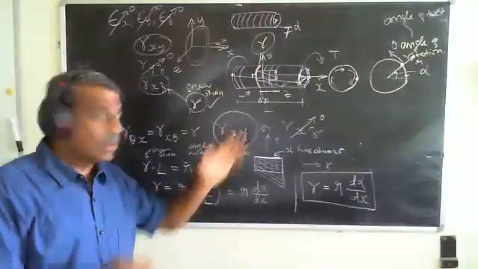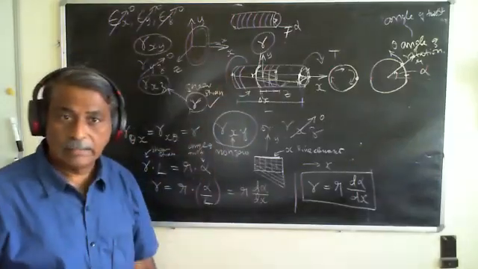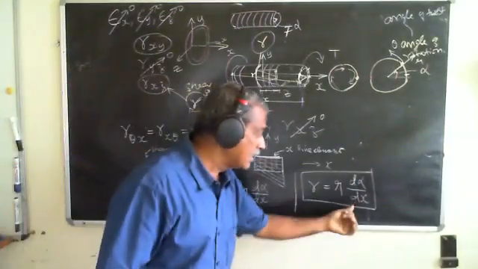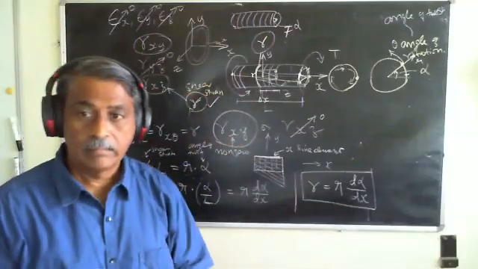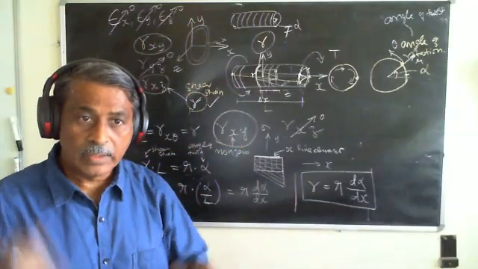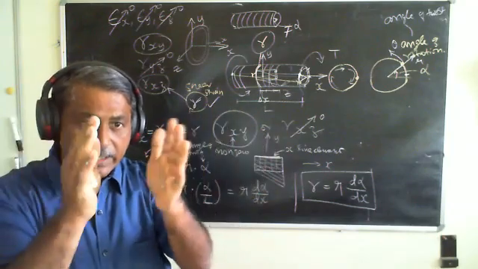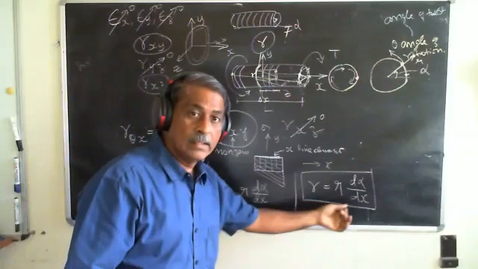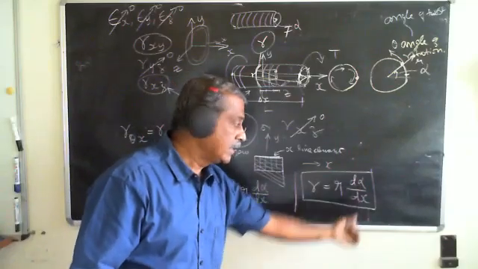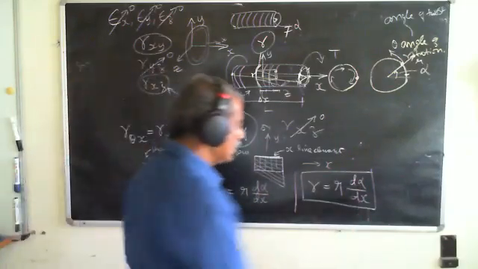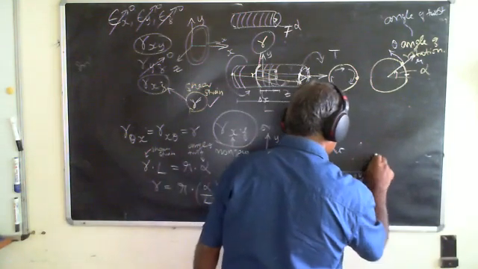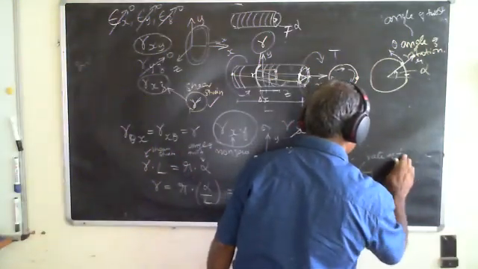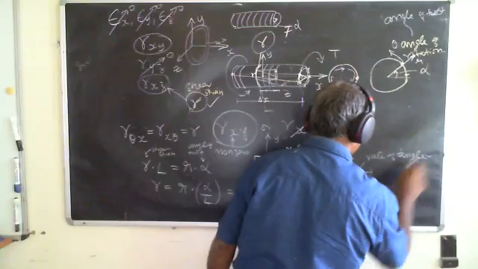It depends on where I cut, it depends on the length, and therefore it is d alpha by dx. Because the rotation, as I make it smaller and smaller for the same gamma, is smaller, and therefore it is d alpha by dx. So this is the rate of angle of twist.